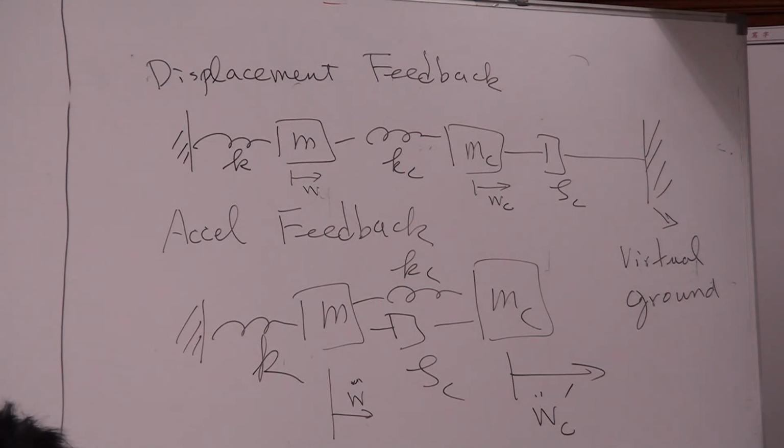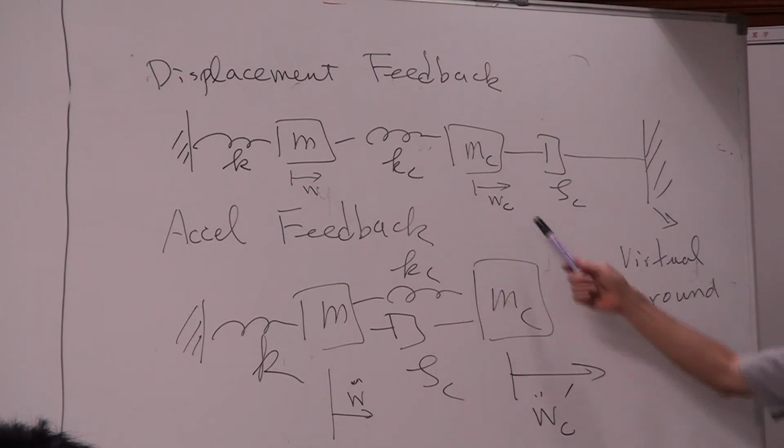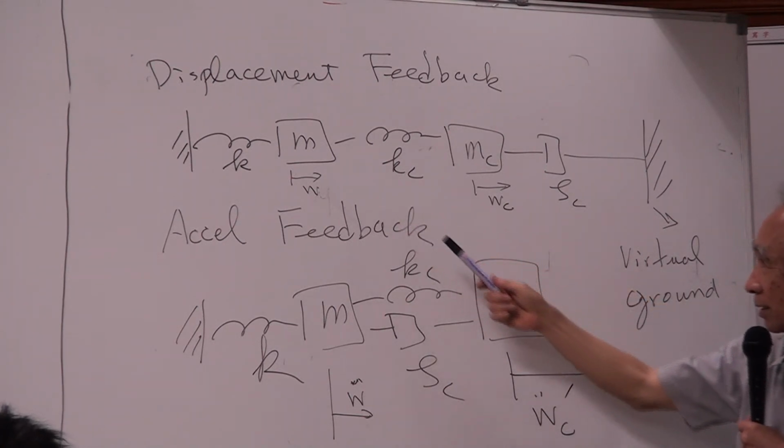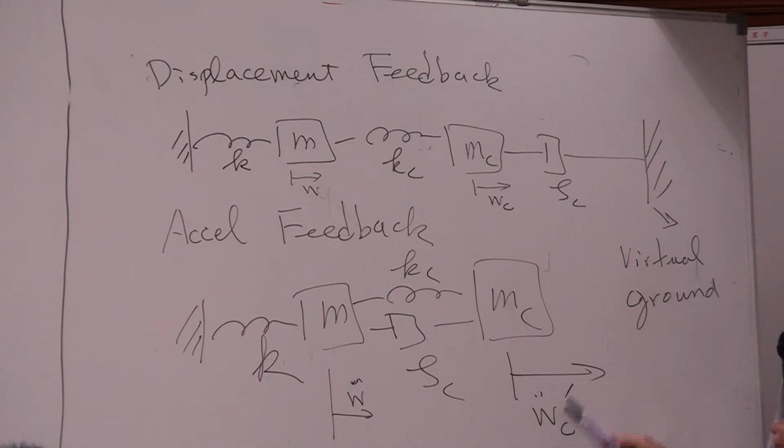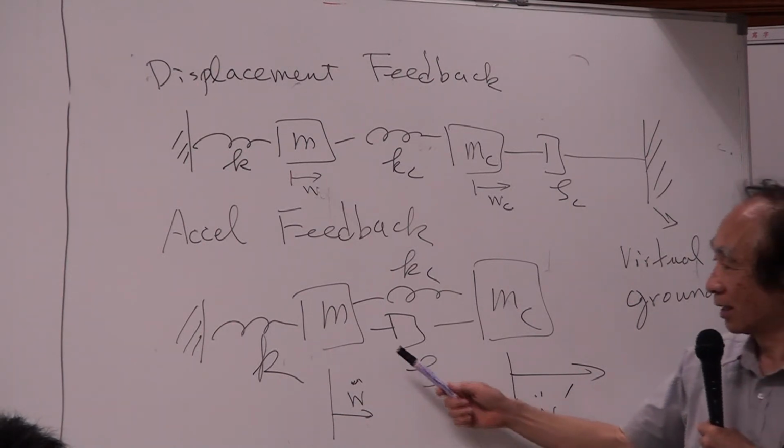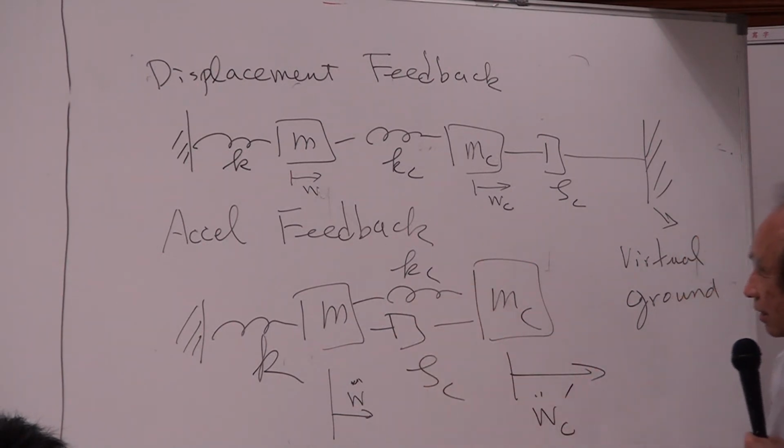Now, the question is, can I do this? If I have a displacement measurement rather than an acceleration measurement, can I use this for displacement measurement? If I provide you a displacement measurement, can I again use the passive system to design my active system, the feedback system?